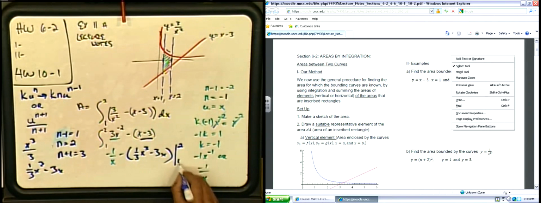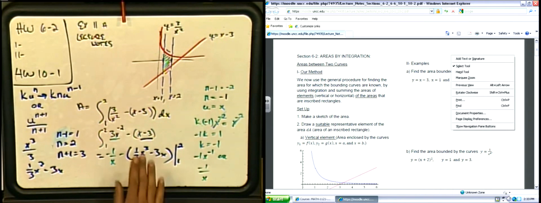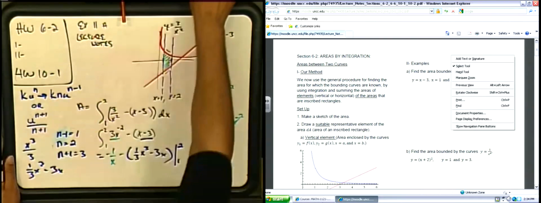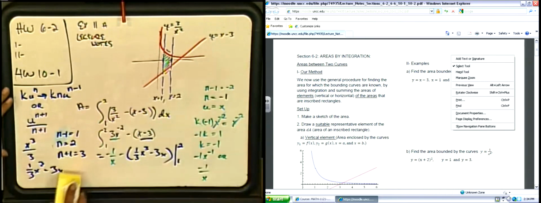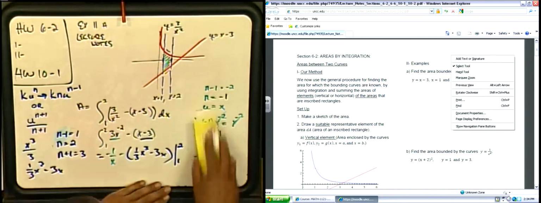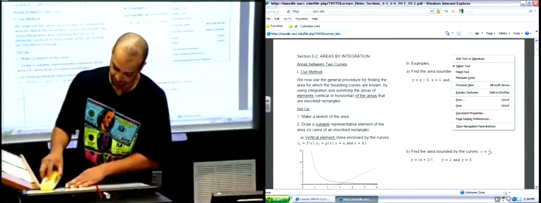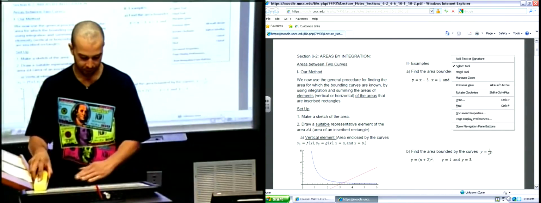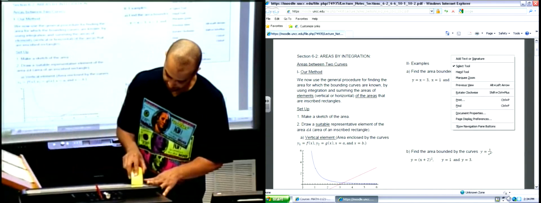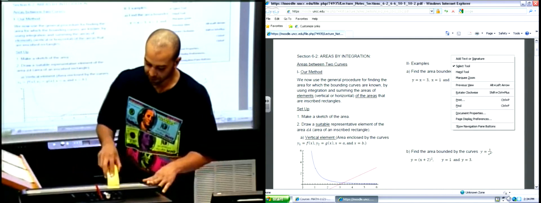Upper limit, lower limit. Okay, we have the integration and antiderivative form. I'm going to erase the antiderivative work I did to make room. And after this, it is only plug and chug from there.